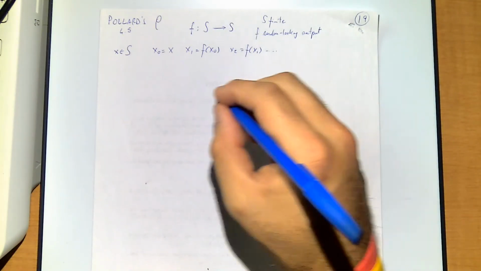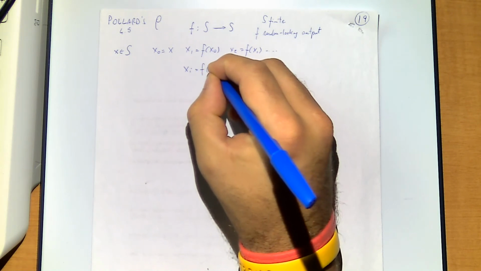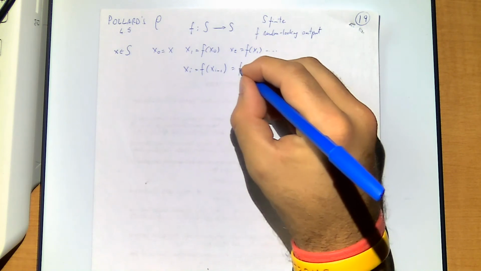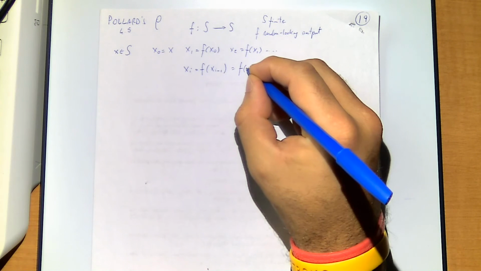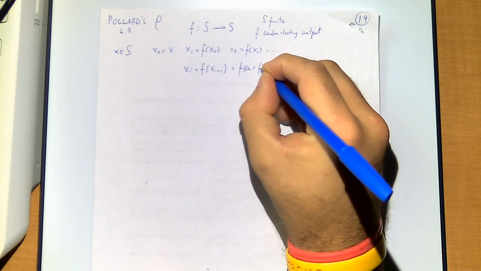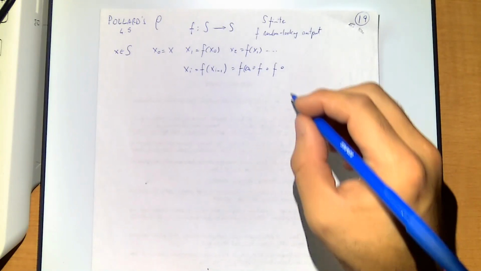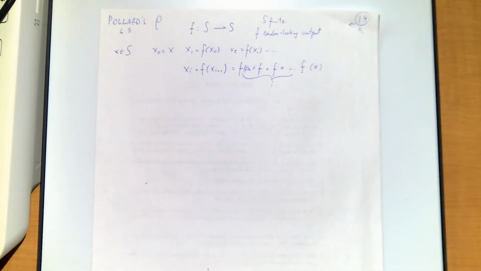In other words, xi equals f of x(i-1), which, if you want, let's do composition because it's easier to write rather than a lot of brackets, is f composed with itself i times applied to x. It would be f of f of f of f of x.